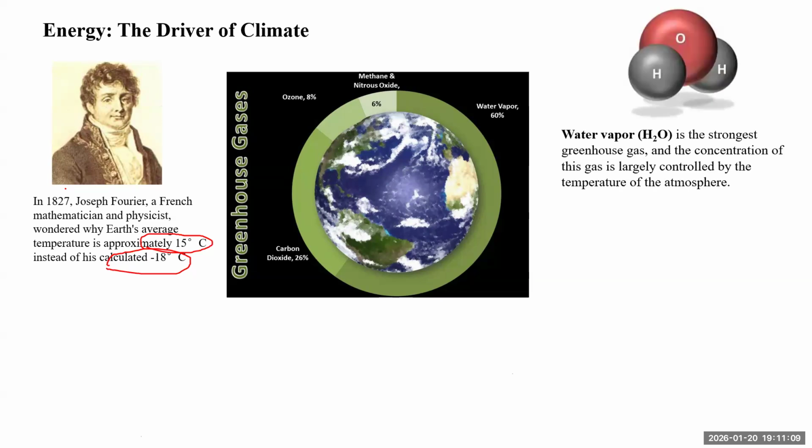So look at the first greenhouse gas, water vapor. Water vapor, in fact, is the strongest greenhouse gas, and the concentration of this gas is largely controlled by the temperature of the atmosphere.